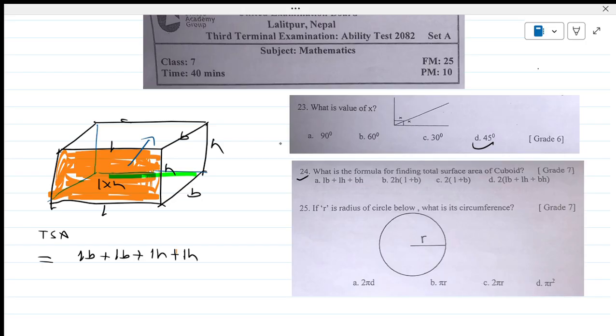After finding the area of the walls along the length, let's go for finding the area of the wall along the breadth. This is the wall which is along the breadth. To find its area, its two adjacent sides we have to multiply, and they are breadth and height.